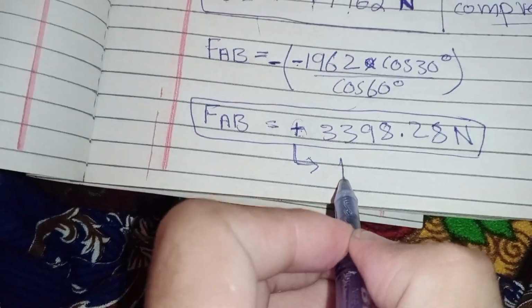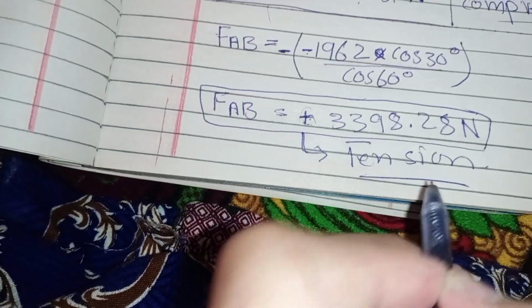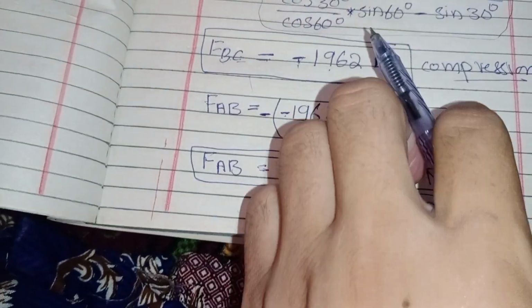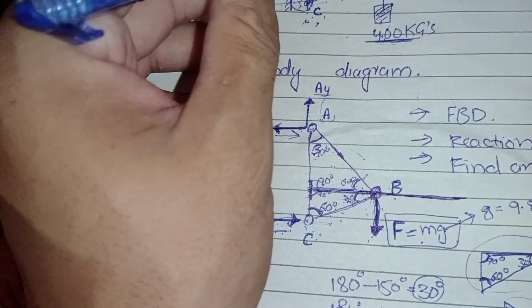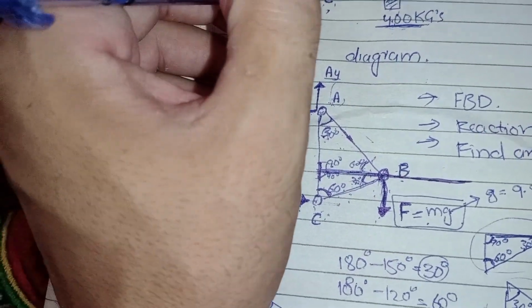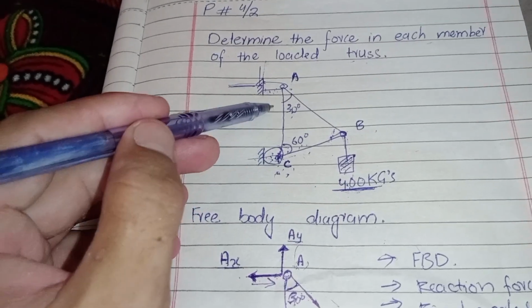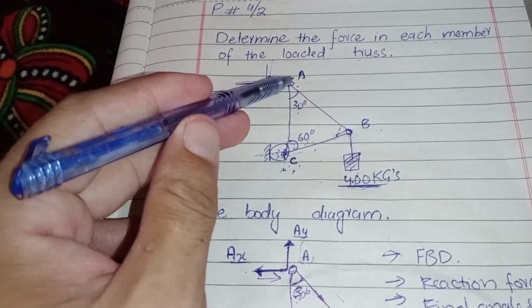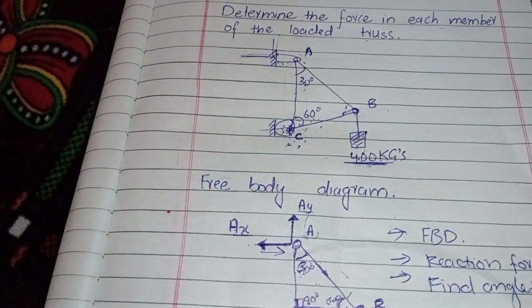It is in tension. Okay, so to solve the force in member AC, we have to take joint C or joint A to obtain the force in this member.